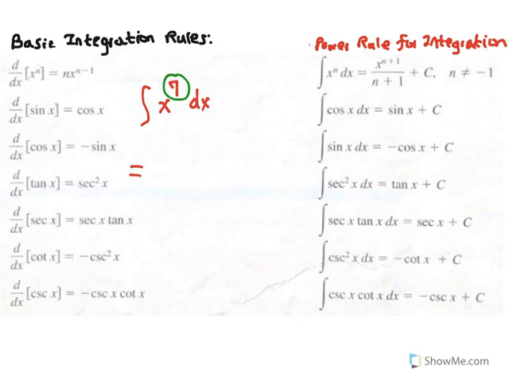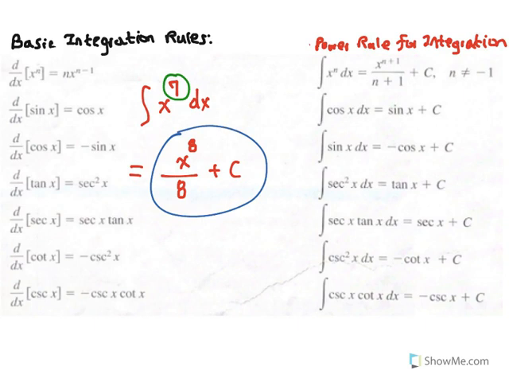So you're going to have x to the eighth divided by 8 plus a constant of integration. How can you check to see that this is correct? You can take the derivative of what you have here, and when you do that, you will see that you get the integrand x to the seventh.